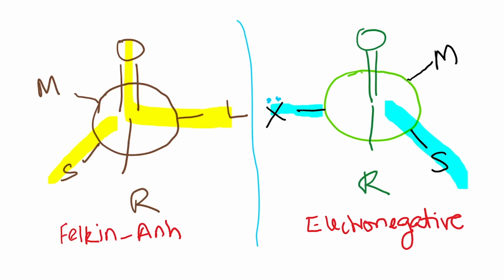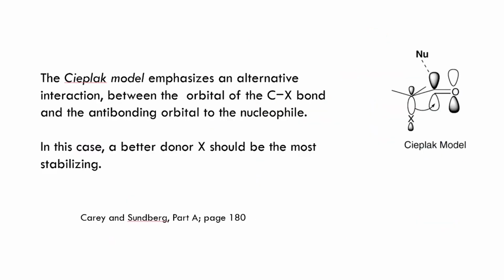So this effect of the electronegative atom has been given a name, and that's called the Cornforth-Evans, or polar Felkin-Anh, model. The model emphasizes an alternative interaction between the orbital of the C-X bond and the antibonding orbital to the nucleophile.